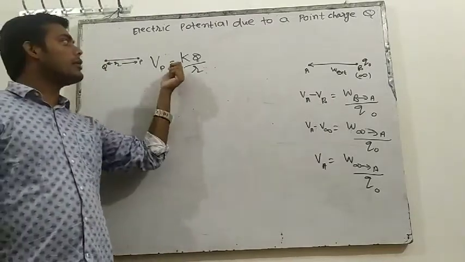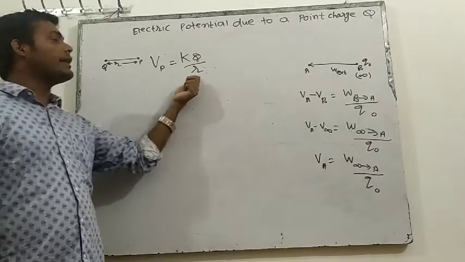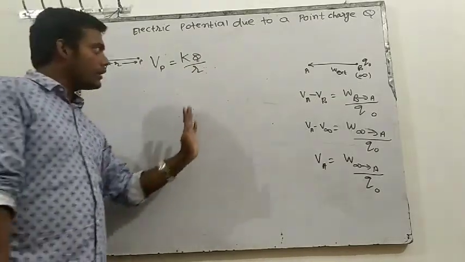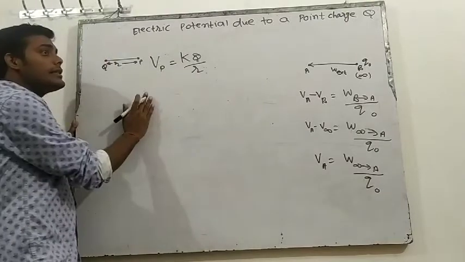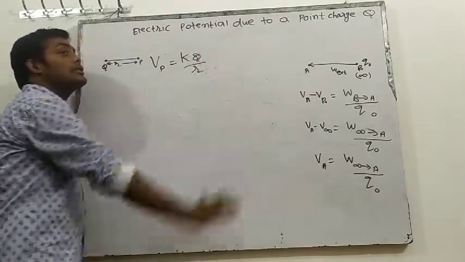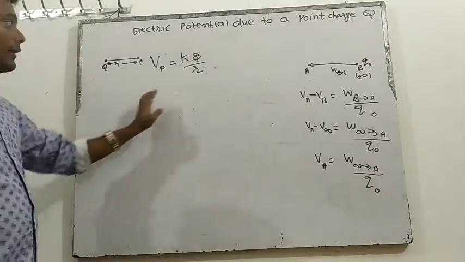What is K? Coulomb's constant. Q is the source charge, and R is the distance of the point P from the source charge. Potential can be positive or negative, depending on the sign of the source charge.